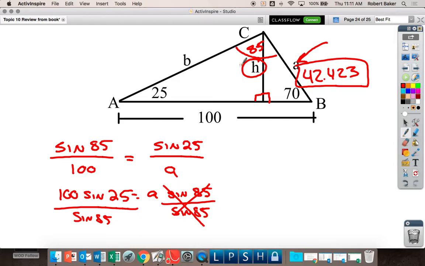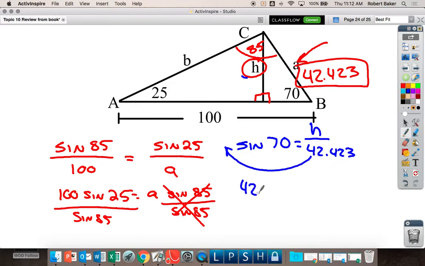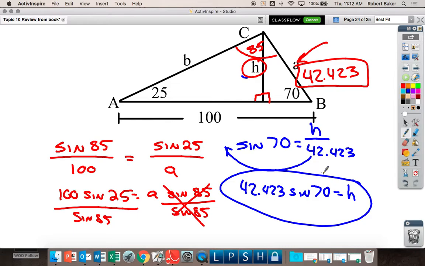Sine. Now, to solve for H, the sine of 70 degrees is equal to opposite over hypotenuse. What happens when there's a number on the bottom? So 42.423 sine 70 equals h.